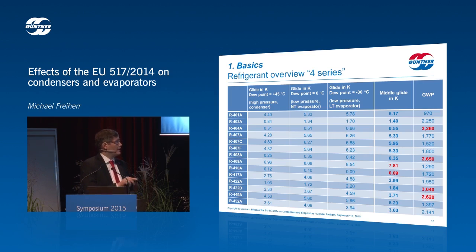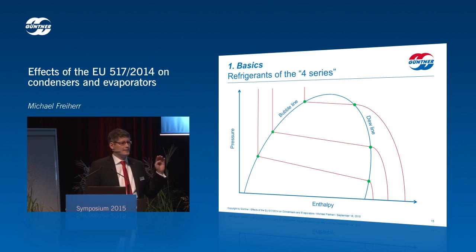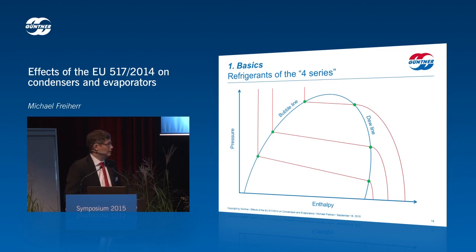So the temperature curves here will be rather flat, and down here they become steeper. What this also means is that the temperature glide in a low temperature has a higher effect on a low temperature condenser than a normal temperature condenser. So the temperature glide is never identical, it's never the same, and therefore the effect is different.